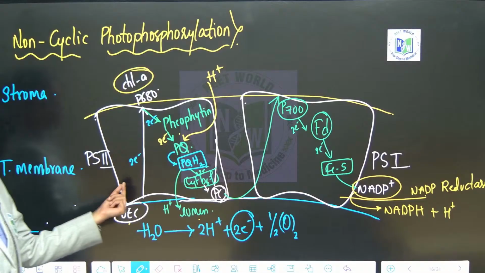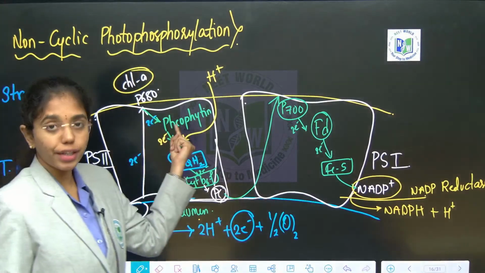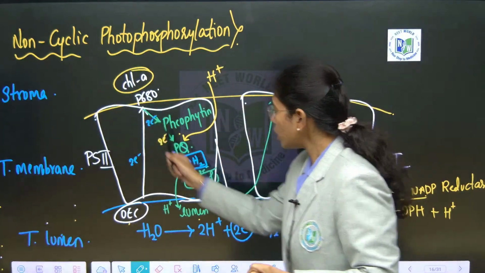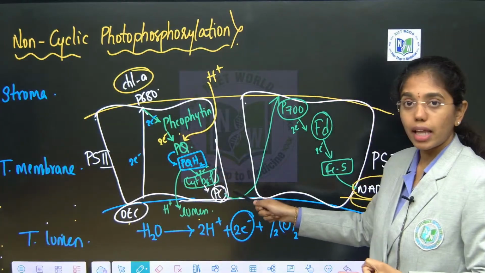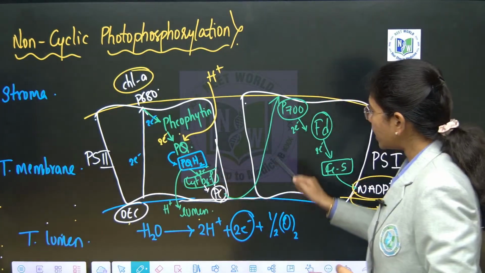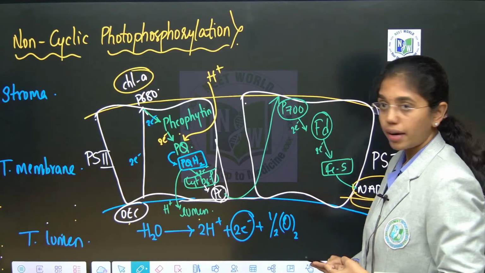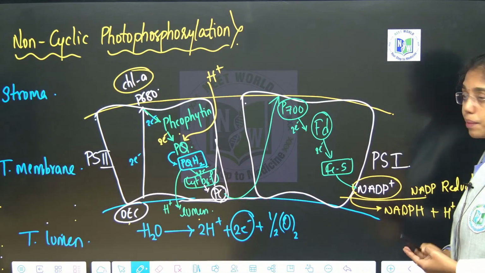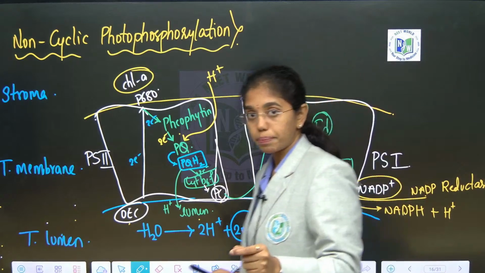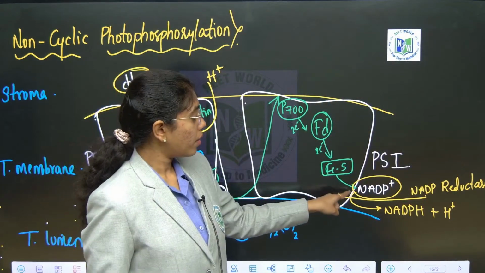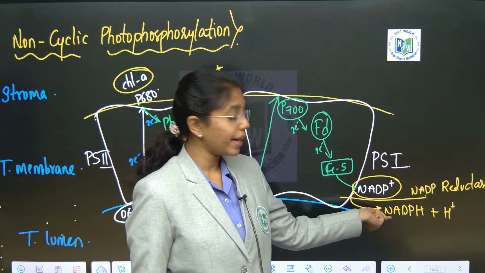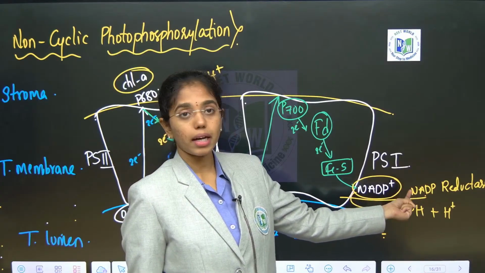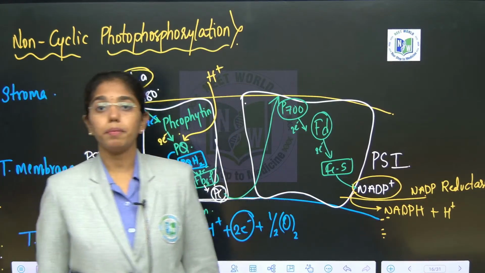So here, the first excitation of electrons to the reaction center in photosystem 2 is an uphill reaction, followed by a continuous downhill reaction in the sequence. The electrons, you can see, go downhill, and then again uphill to P700, and then downhill flow of electrons till NADP plus, which is the ultimate electron acceptor; it accepts the electrons and is reduced to NADPH. NADPH formation takes place inside the stroma.